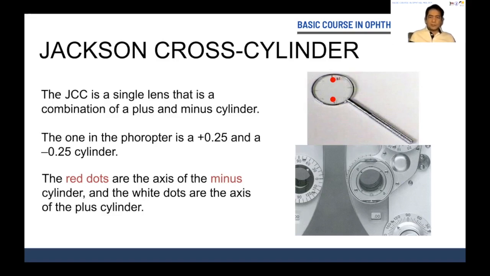In the trial lenses, it comes in 0.25, 0.50, or sometimes 0.75. The red dots are the axis of the minus cylinder, and the white dots are the axis of the plus cylinder, both in the trial lens set and in the phoropter.